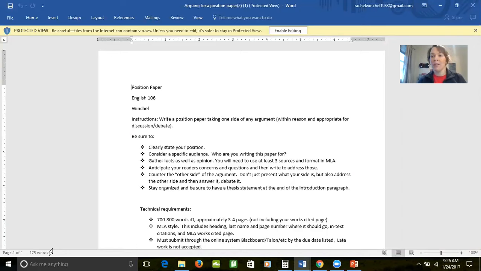And what I would mean by something that's not appropriate for discussion is something so awful, such as arguing in favor of genocide, or arguing in favor of female body mutilation, or arguing in favor of the destruction of all rights for certain groups. Okay, those are just things that are so far beyond acceptable. We're not going to go there.